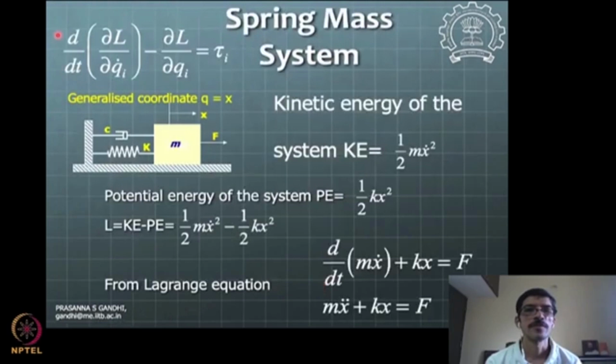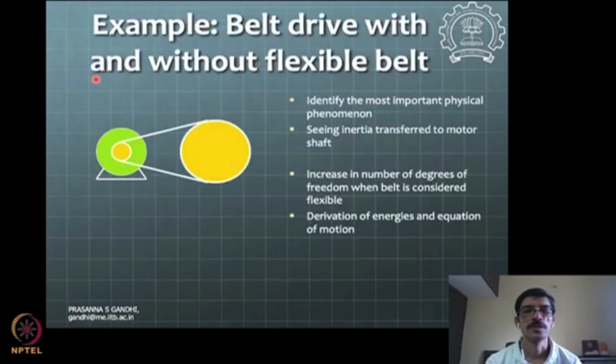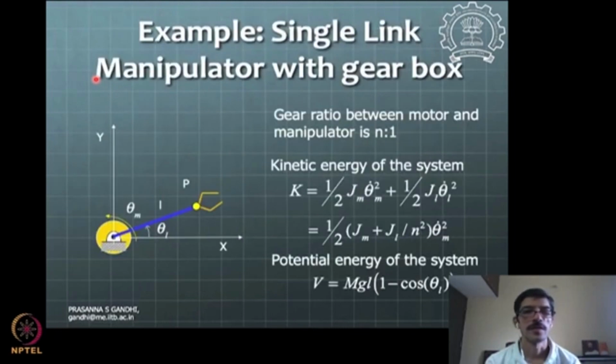If you apply this equation, you should be able to get the equation of motion for this case as well. So do this exercise. This is important, because once you do it, you'll understand how things work. In some places you might miss some things, and those will get corrected, and next time you will not make those kinds of mistakes.